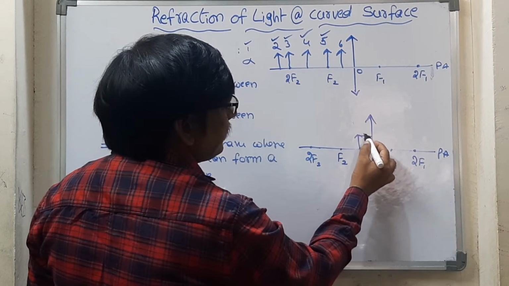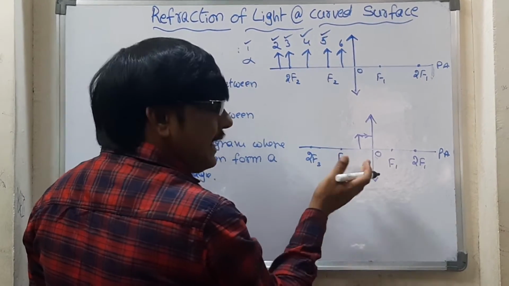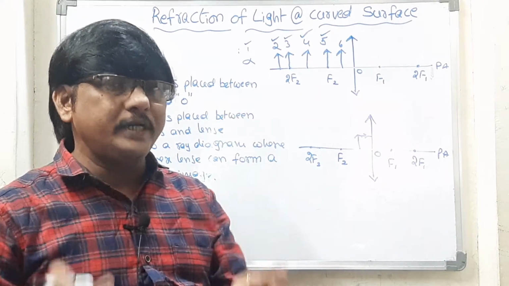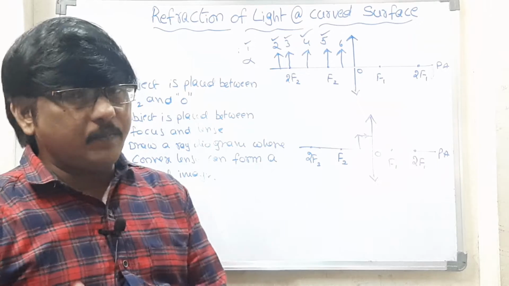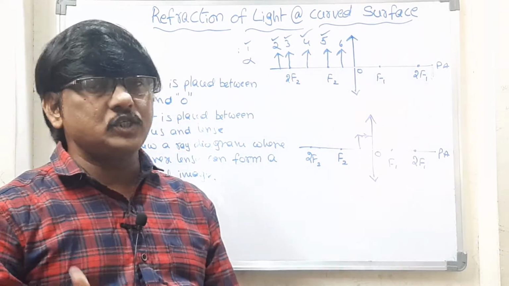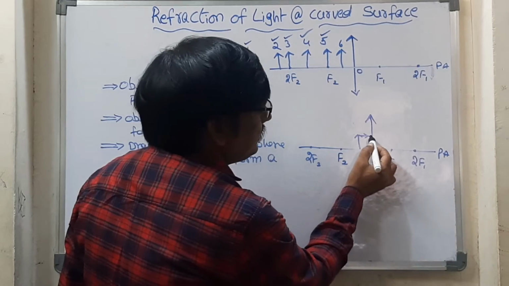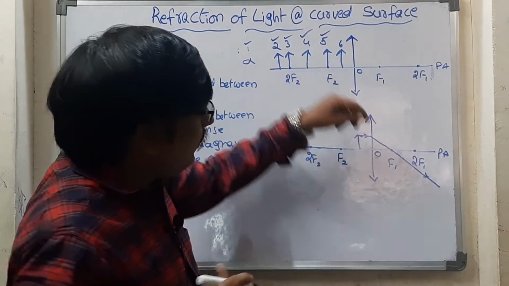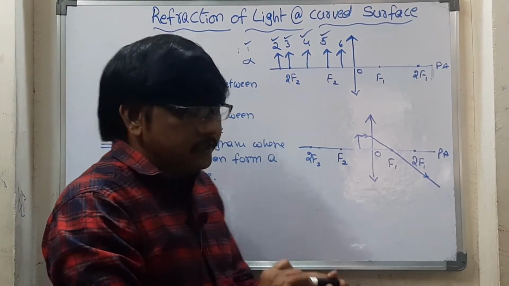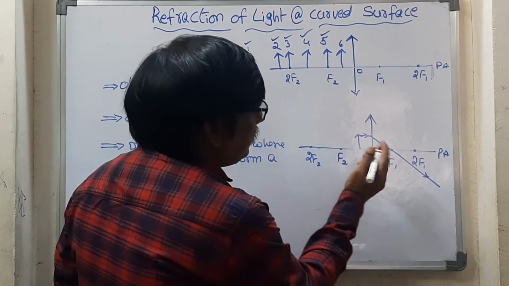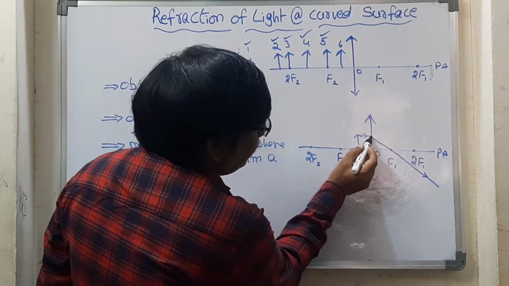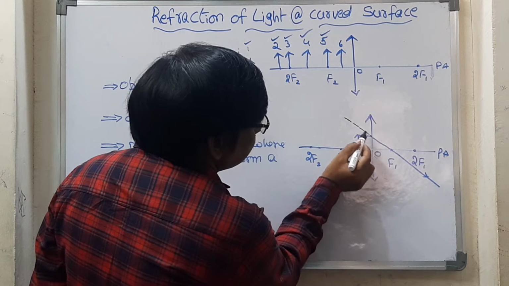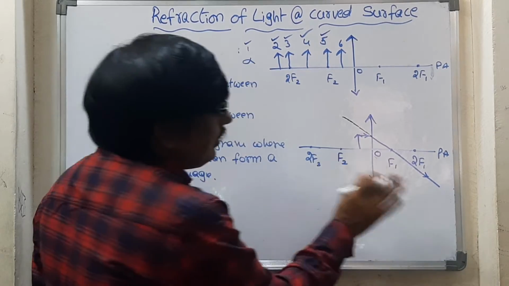Everything is the same, there is no change at all. For every ray diagram, you will take 2 rays. First ray parallel to principal axis. Once it is traveling parallel to principal axis, naturally that passes through the focus. We got it like this, right? And if you observe, the ray is intersecting here. From here draw the duplicates. Extend the duplicates also, we can say. Draw the duplicates.